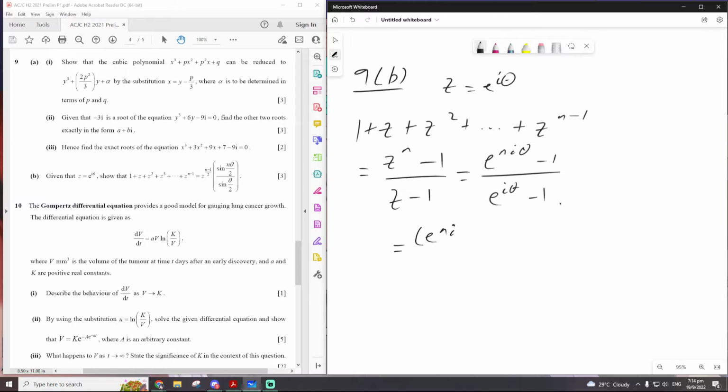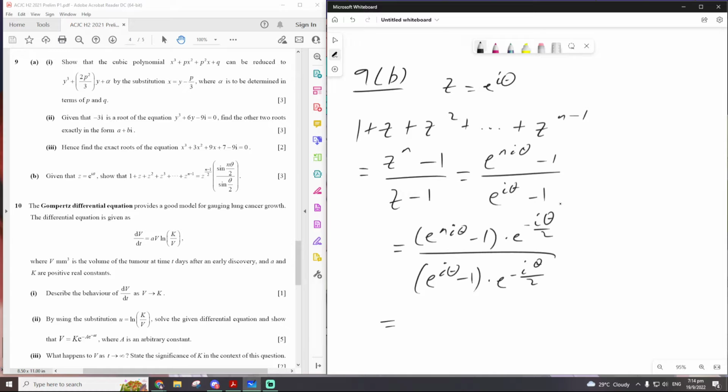I want to multiply the top, e to the power of ni theta minus 1, by e to the negative i theta over 2. I'm going to do the same at the bottom, so that I get e to the i theta minus 1 times e to the negative i theta over 2. When I do this, the factors cancel out, so it's still the same thing, right?